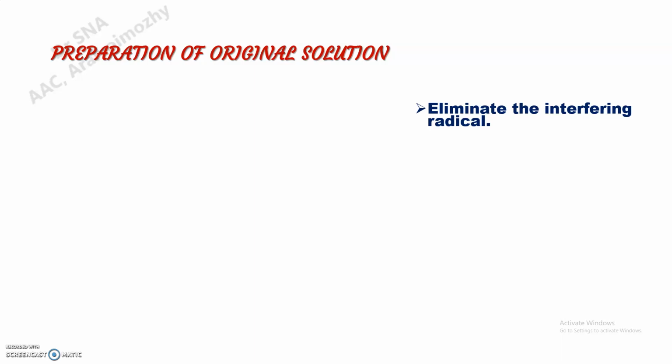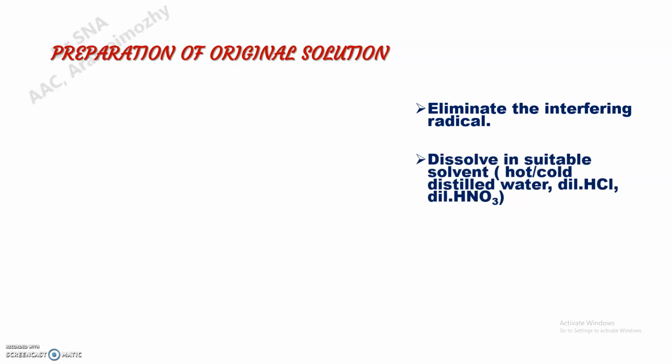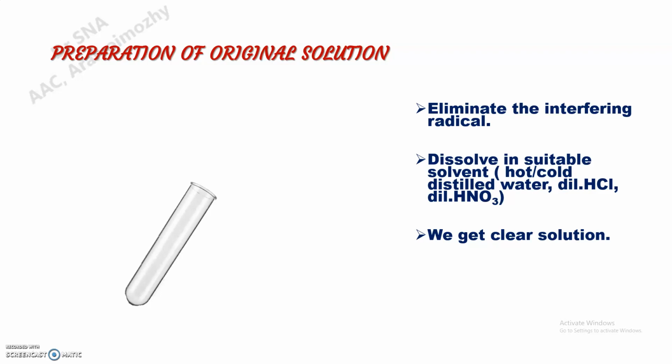After eliminating this, we'll be getting a residue, and this residue will be dissolved in suitable solvents such as cold distilled water or hot distilled water, or else if it is still undissolved, we can opt for some dilute acids like hydrochloric acid or nitric acid, and then if still it isn't dissolving, we can opt for concentrated acids.